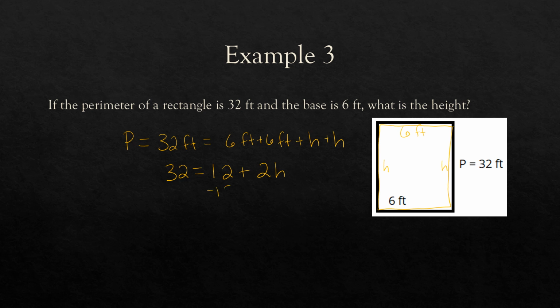I'm going to subtract the 12 on both sides. That leaves me with 0 plus 2h. And 32 minus 12 is 20. I'm going to now divide by 2 to get 1h by itself. And we will find that h is 10 feet. So the height is 10 feet.